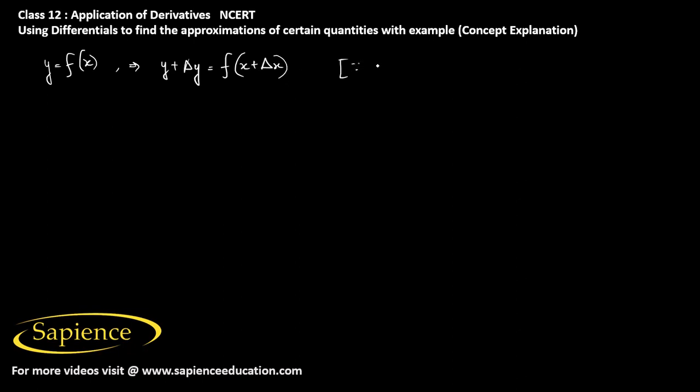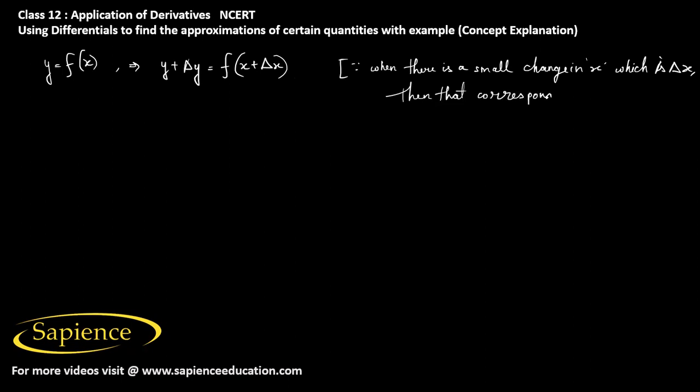Since I'm saying that when there is a small change in x, which is delta x, then that change in x corresponds to a small change in y also, which is delta y.